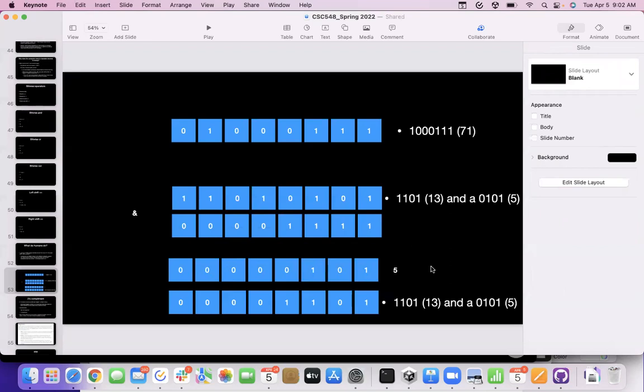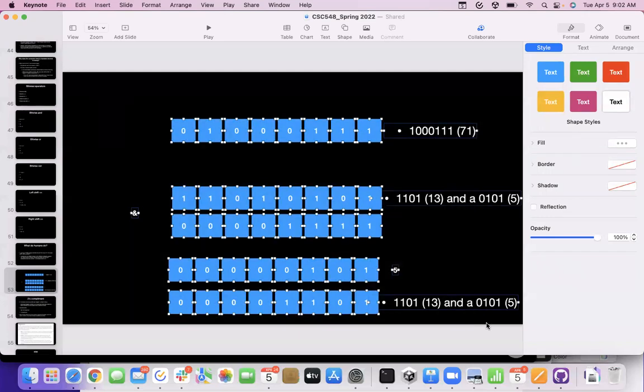But now we need to accomplish the other side of this. So let me scooch everything up so I have a little bit more space.